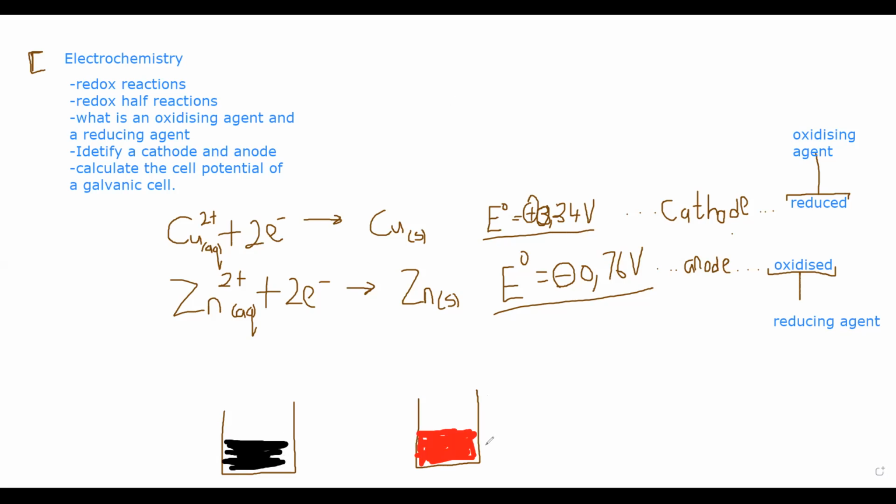So most of the time, our copper solution is usually CuSO4. In our zinc solution, just check for you real quick.